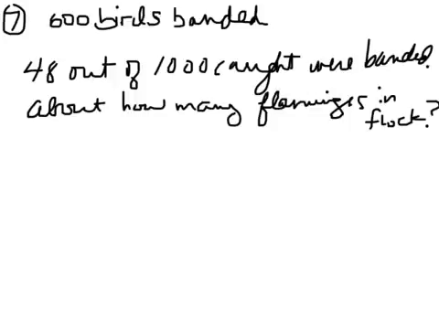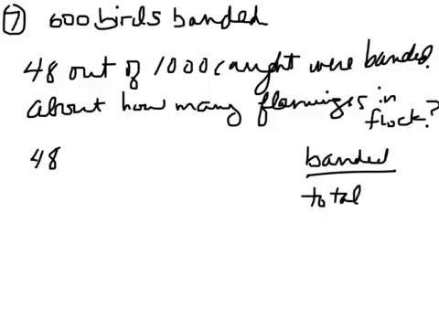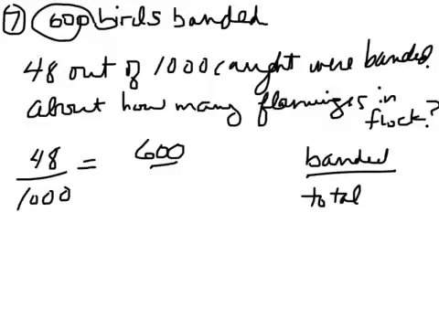So we know that they caught 48, let's put the number of banded on top out of the totals, okay? So 48 out of 1,000 that they caught were banded. Now, they banded how many? They banded 600, so 600 goes on top, and what they're asking you to do is find the total in the flock.